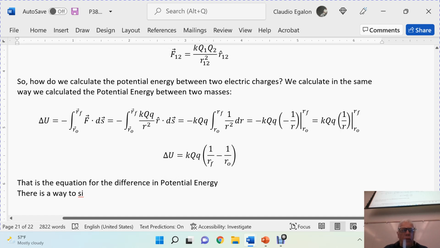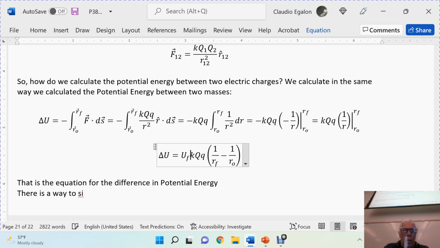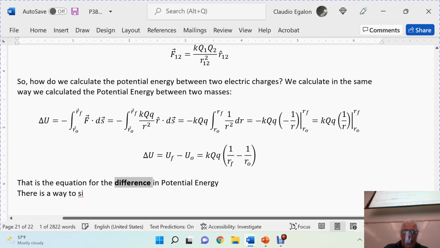And I'm going to go even further. This delta U can be written down in terms of what? U final minus U initial. That's how we write the delta U, the difference in potential energy.